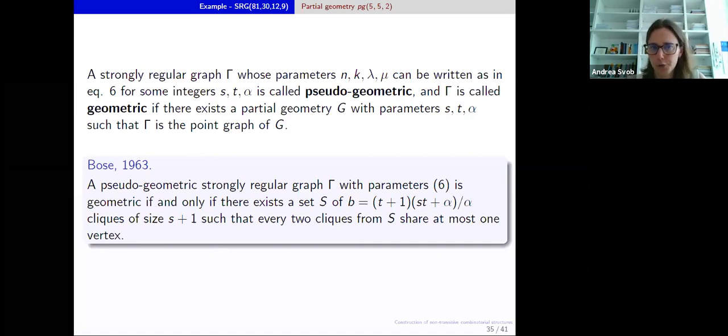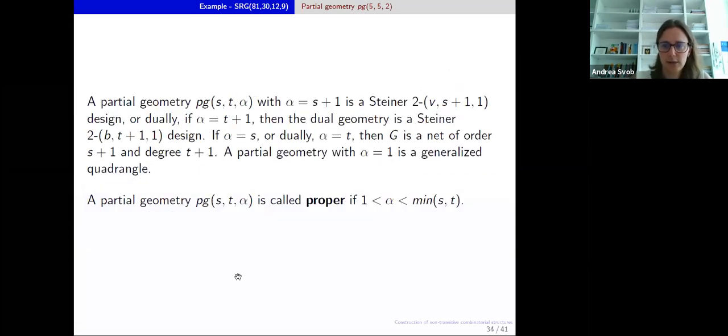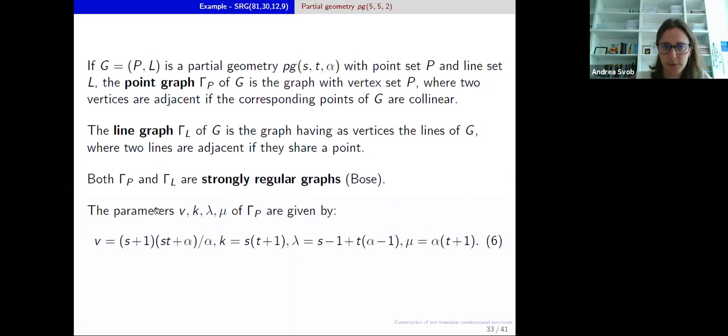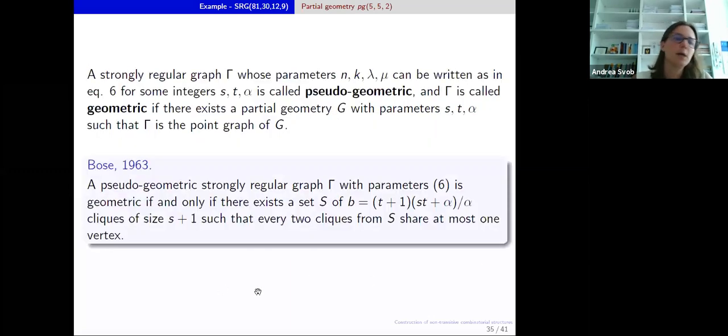Bose in 1963 gave a very nice condition, which is very helpful in showing whether some pseudo-geometric graphs are geometric also. A pseudo-geometric strongly regular graph with parameters satisfying condition 6, which can be calculated in this way, is geometric if and only if there exists a set of B cliques of size S plus 1, such that every 2 cliques from S share at most one vertex.